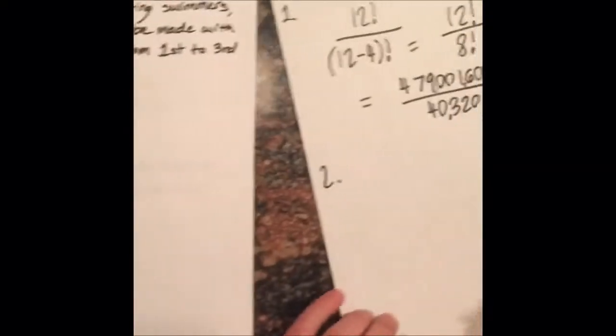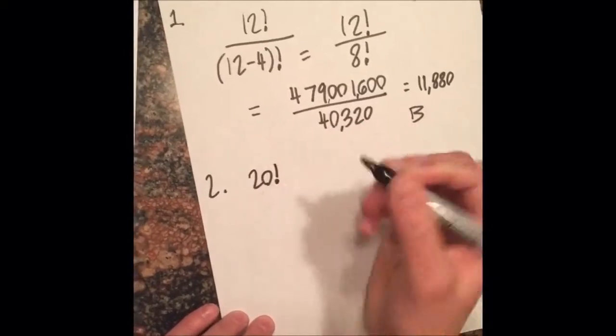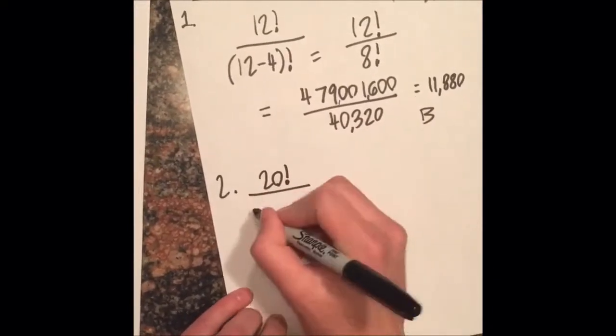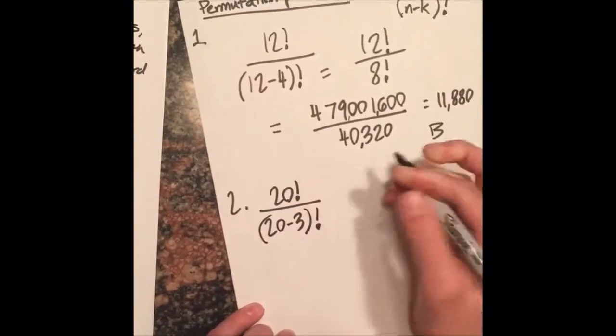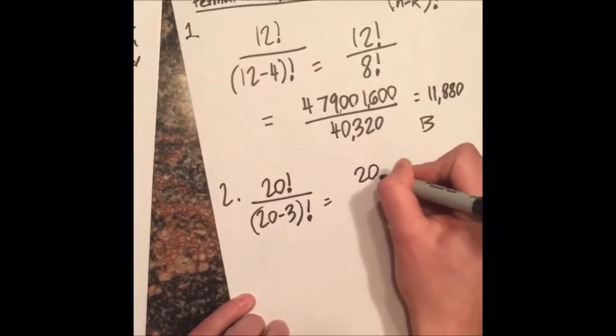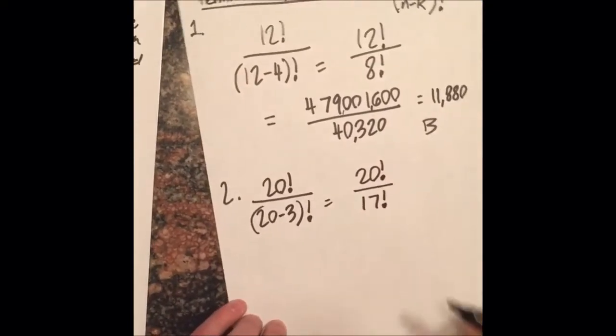Let's see. Once again, 20 is our n, divided by n minus k, 20 minus 3 factorial, which is simplified to 20 factorial over 17 factorial. Now this is a ridiculously big number.